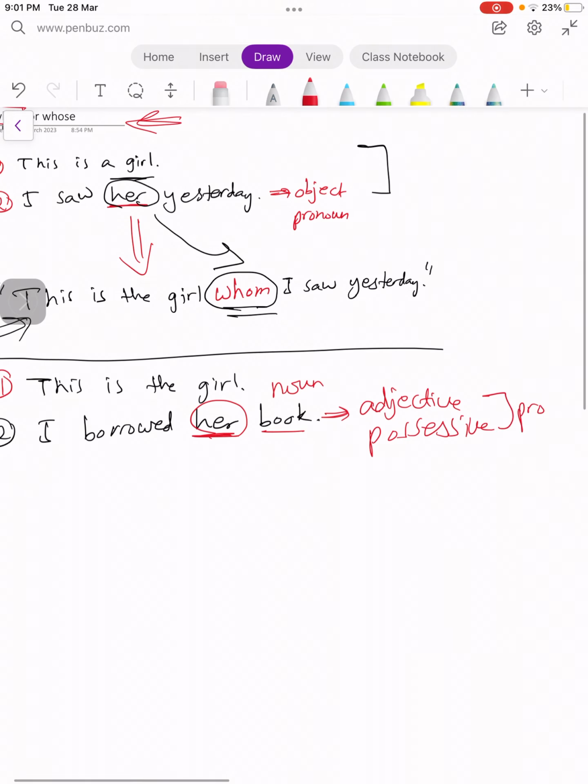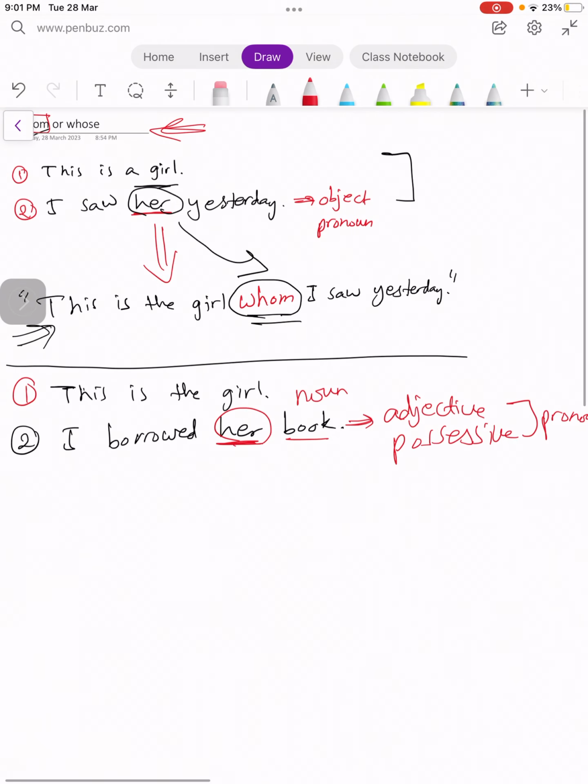Of course, it's different from the other ones, which are hers and his, or let's say its. Those are different. So this is an adjective pronoun which comes before a noun.